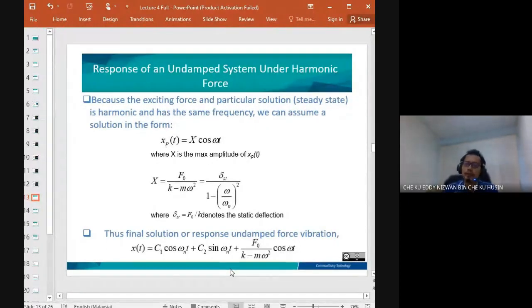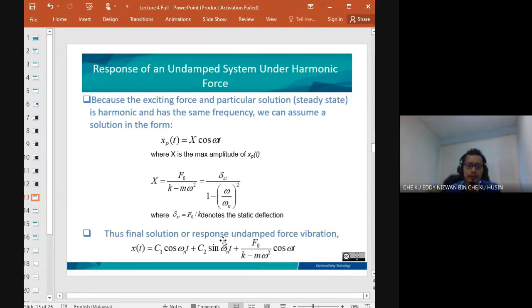If the question asks you to find the steady state response, then just consider the steady state response. But if the question asks to find the total response, then you have to consider the total response. The tip is, if you are given the initial conditions, meaning there is an initial velocity and initial displacement in the question, then you have to solve the total response.